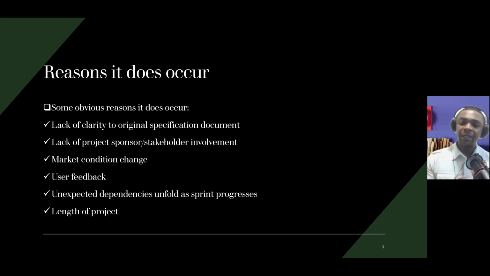Now, every project has project sponsors. It could be internal project sponsors, it could be external project sponsors. Whichever one it is, if those people who are sponsoring the project are not involved, by involvement, we need their input, we need communication. If they're not really involved within the time box of that project, it could lead to a number of changes in between, right?